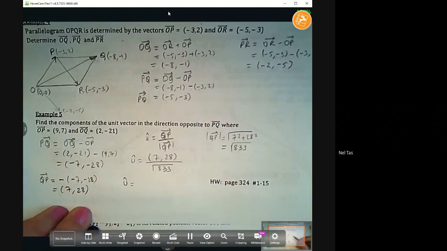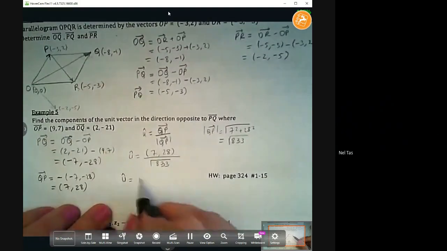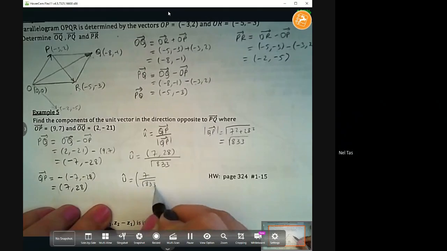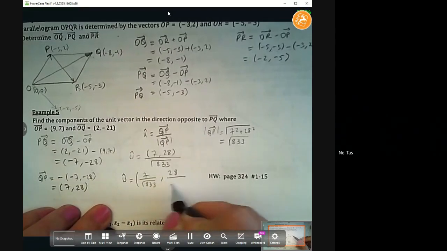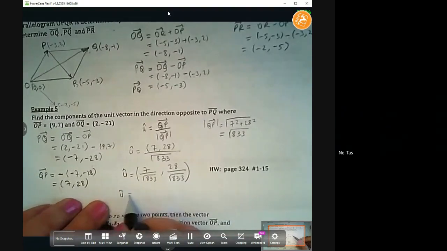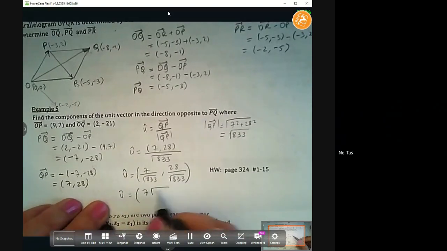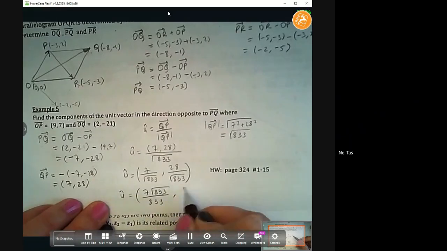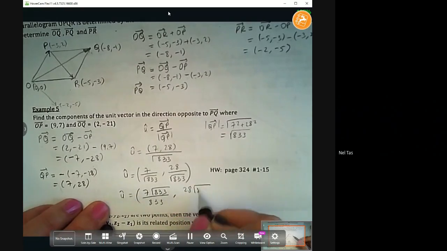So the coordinates of U are 7 over square root of 833, 28 over square root of 833. If we rationalize the denominator, 7 square root of 833 over 833, 28 square root of 833 over 833.